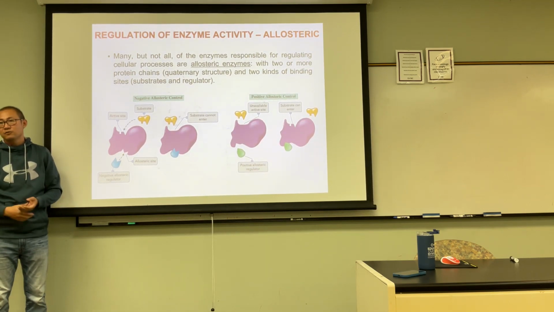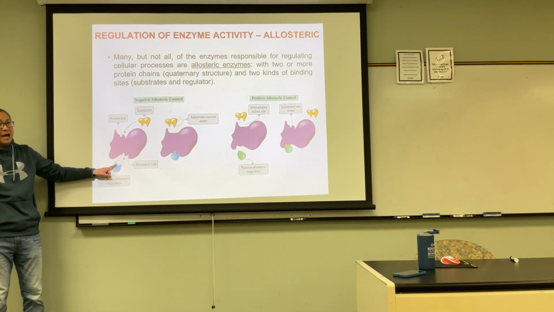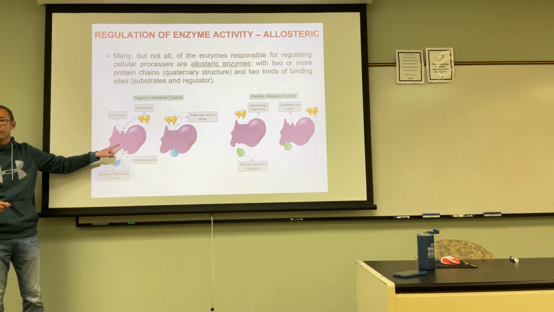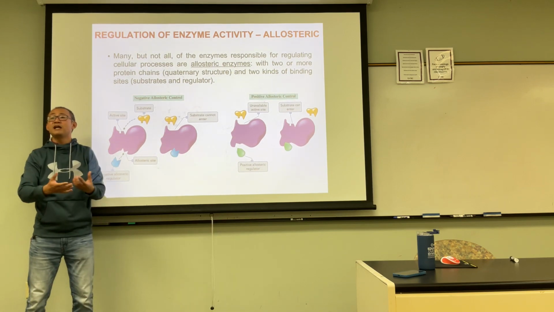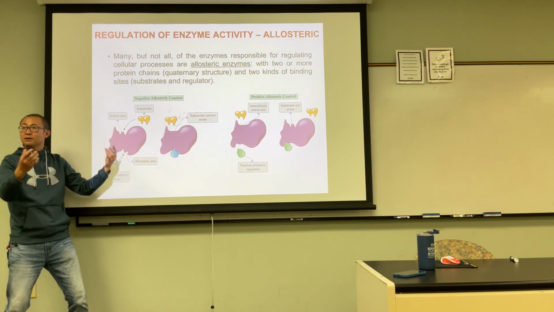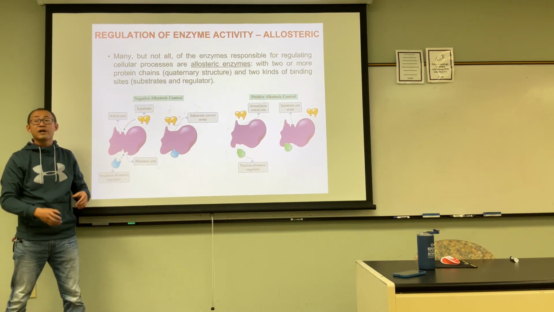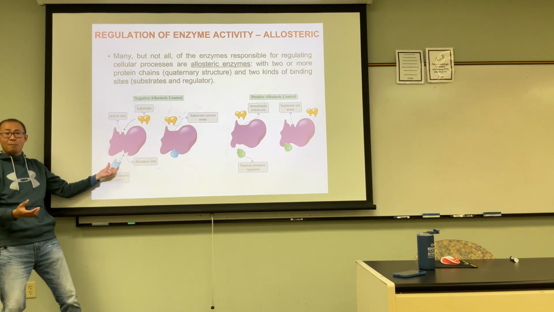That's called feedback control. The product of the final step serves as the inhibitor of the first enzyme. If you have a lot of it, the enzyme will slow down. If you need more, that means you don't have a lot of it, and the enzyme will go back. That's why it's called reversible. Reversible means it depends on how much you have of this.